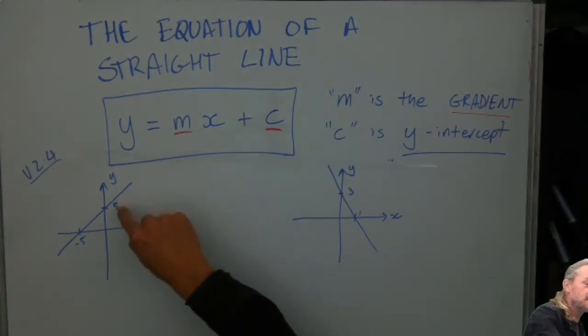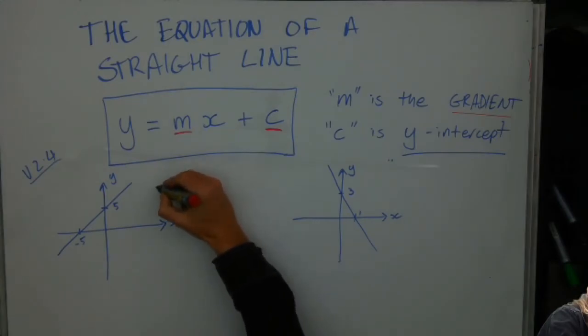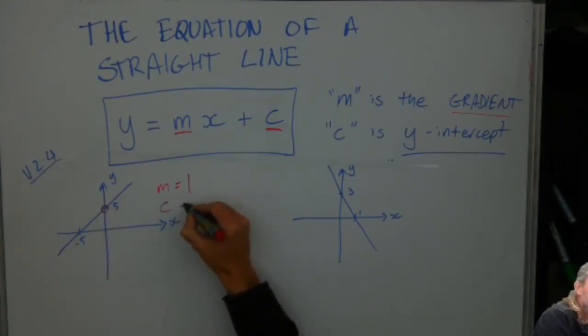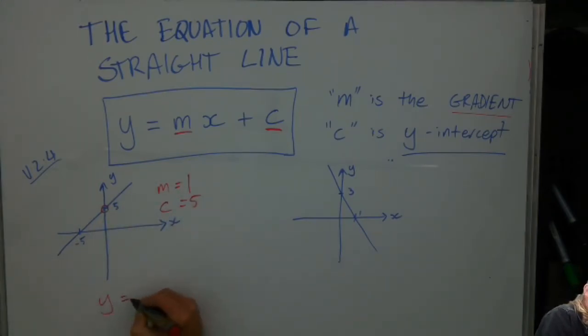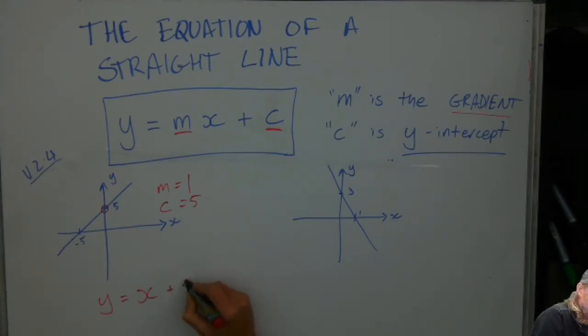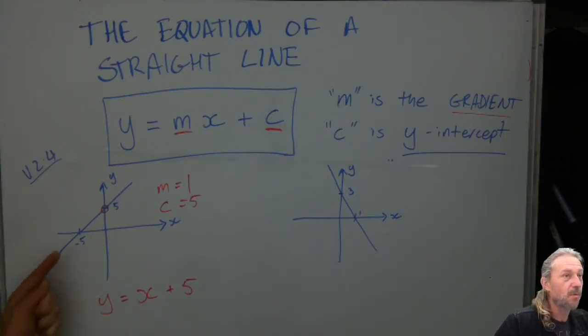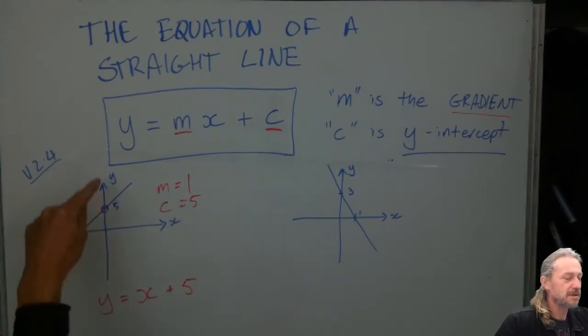So rise over run is 5 divided by 5, which equals 1. So our m in this case is 1, and the y-intercept, it's there, and it tells us that it's 5, so c equals 5. So the equation of this line, y equals 1x, so we'll just write it as x plus 5. So that means it has a positive slope of 1, and it crosses the y-intercept at 5.